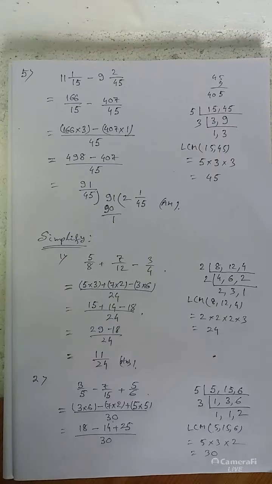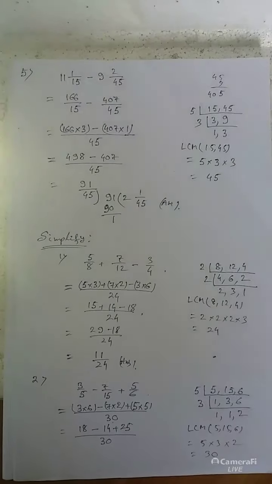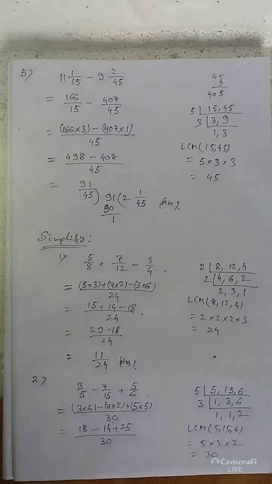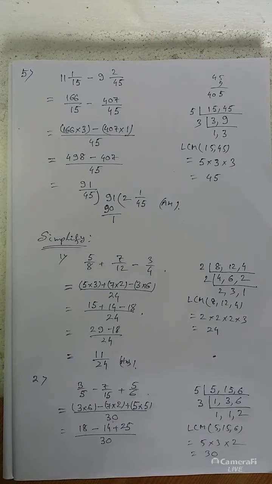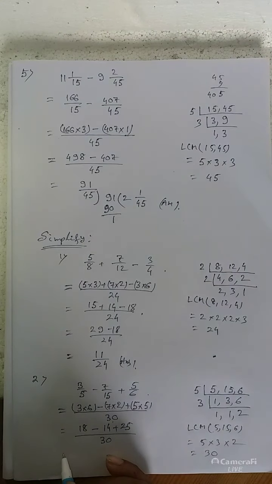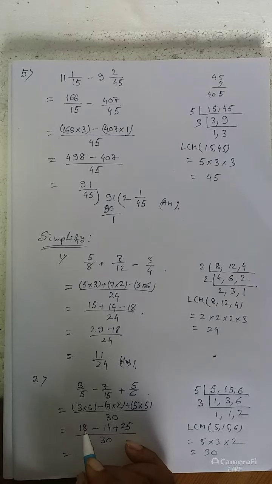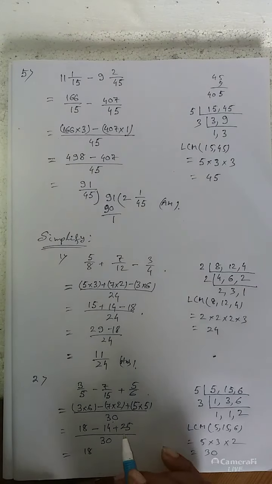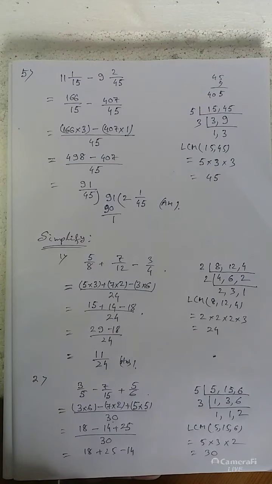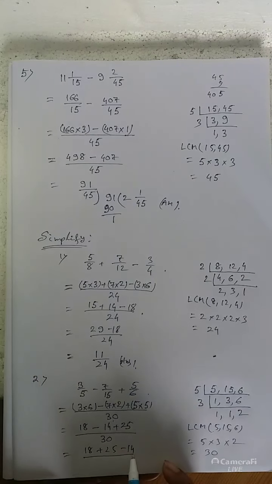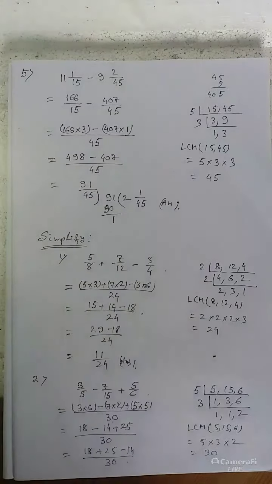After this step, we will arrange first addition and then subtraction. Here is given 18 minus 14 plus 25, but we will arrange this. First 18 remains in its position, then plus 25 and then minus 14, by 30.